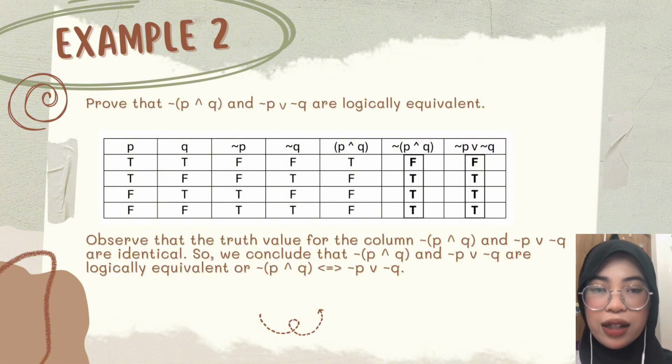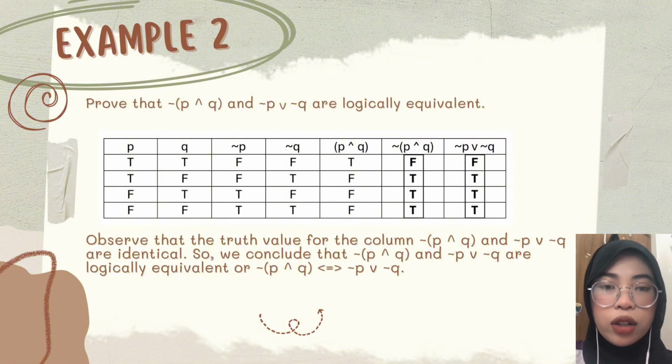I already provided a truth table that shows the values of P, Q, not P, not Q, P and Q, not (P and Q), and not P or not Q. From the table, we can observe that the truth values for the columns not (P and Q) and not P or not Q are identical. So, we can conclude that not (P and Q) and not P or not Q are logically equivalent.